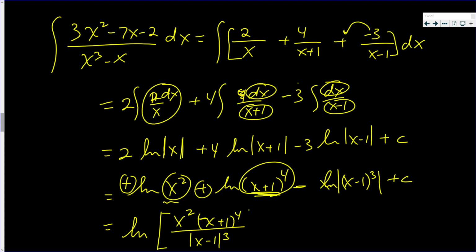Plus c. Of course, since what I'm taking ln of could be negative, I could have just taken the absolute value of the whole thing instead of just the denominator.